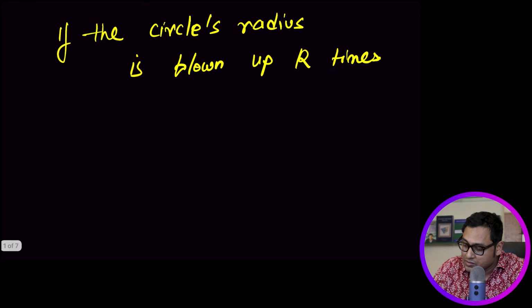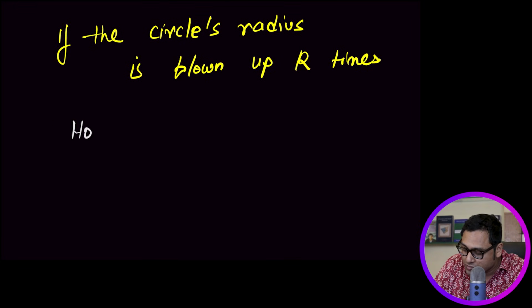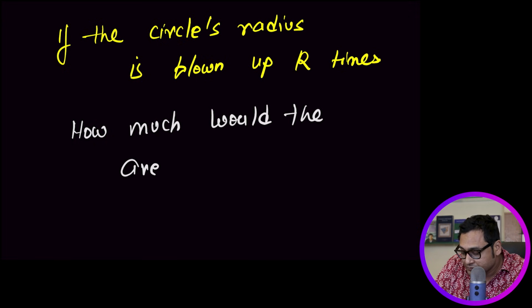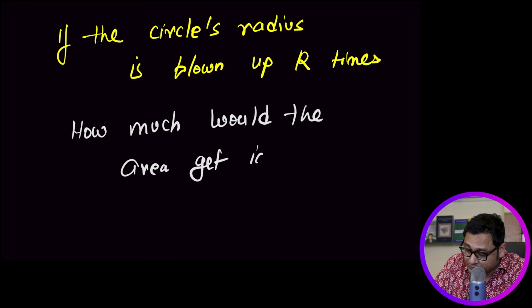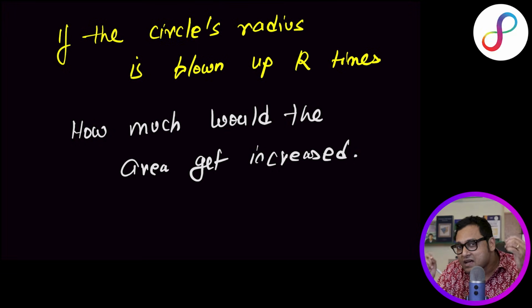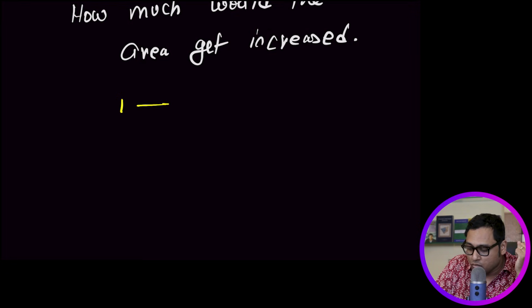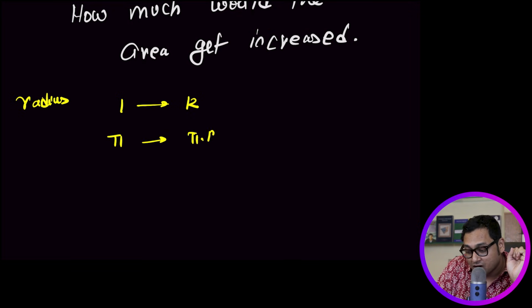How much would the area get increased? And if you think about it, if radius goes from 1 to r, area of the circle goes from pi to pi times r square.